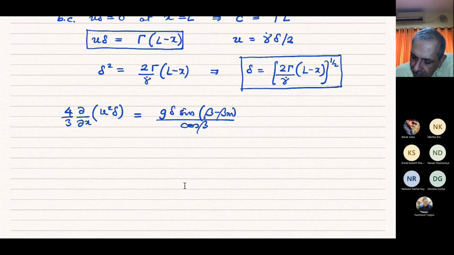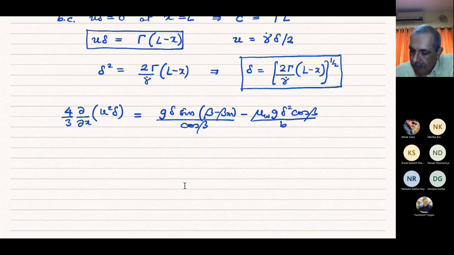And then if we want to include friction also, then this would be just mu w into g delta squared cos of beta divided by b. So this is what our equation looks like.